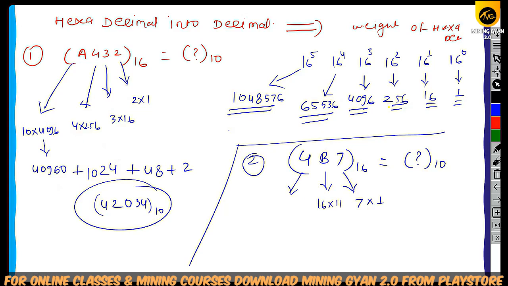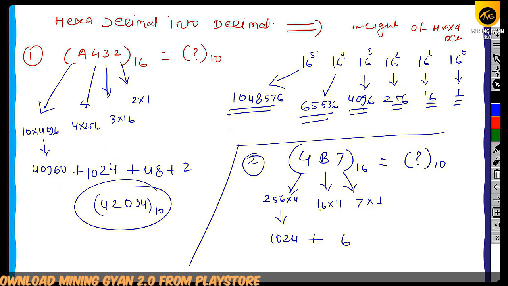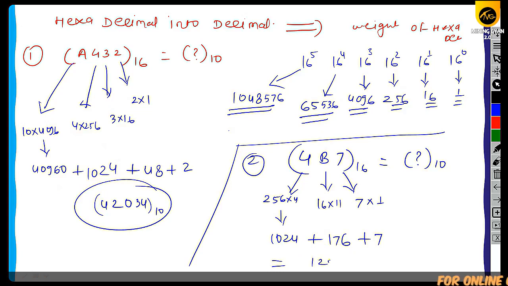Now the next weight is 256, and 256 into 4 will become 1024, plus 176, which is 16 into 11, plus 7. Now the answer will be 1207. 1207 is in the form of decimal, which is the final answer.